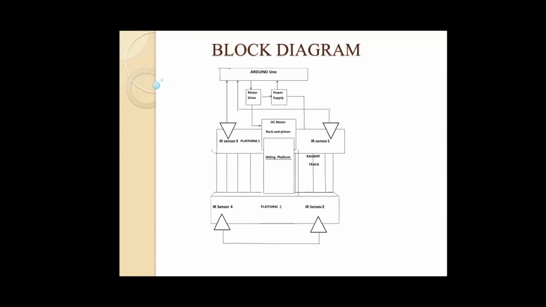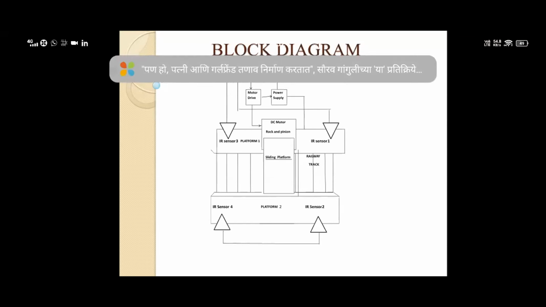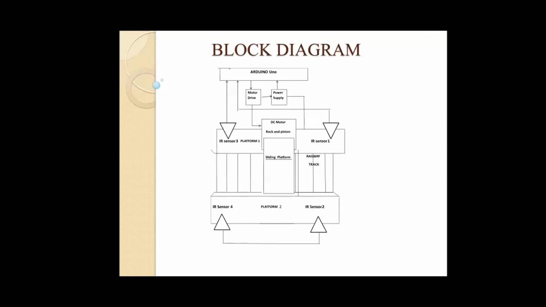Sir, crossing problem, sir. People are trying to cross between the platforms, through the railway tracks, to avoid the bridge. They take their lives in danger and go across the railway tracks. They avoid using the bridge.